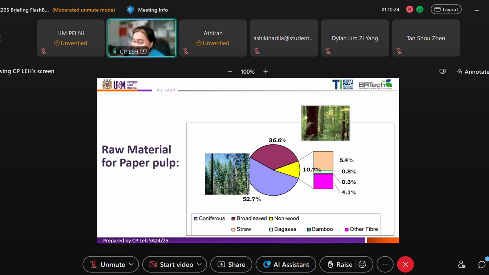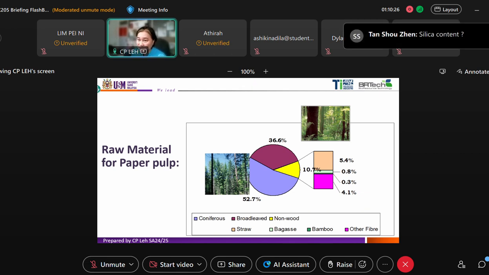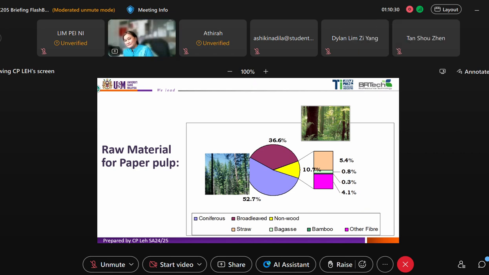What else can we differentiate between hardwood and softwood? Silica content. Silica content is higher in non-wood fiber. Wood normally has quite less. So we can differentiate hardwood and softwood, and we can differentiate between wood and non-wood. Non-wood normally contains higher silica content.